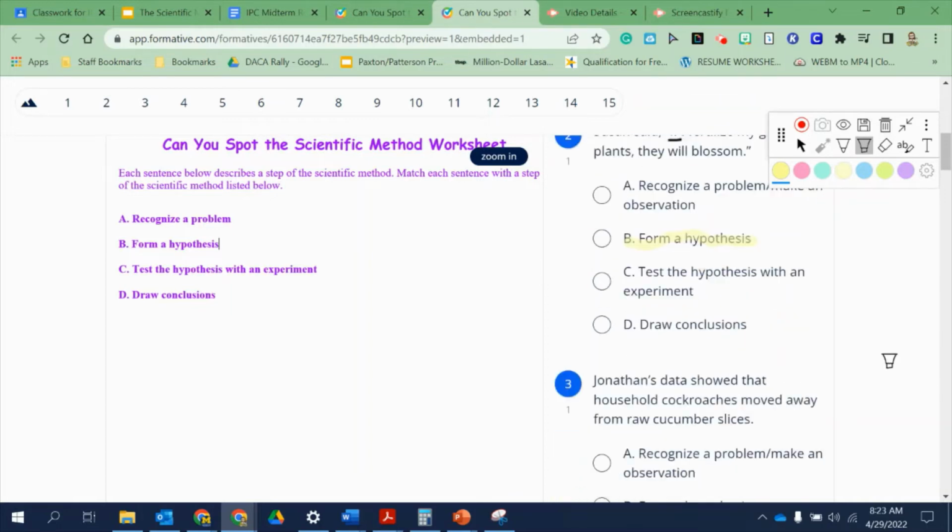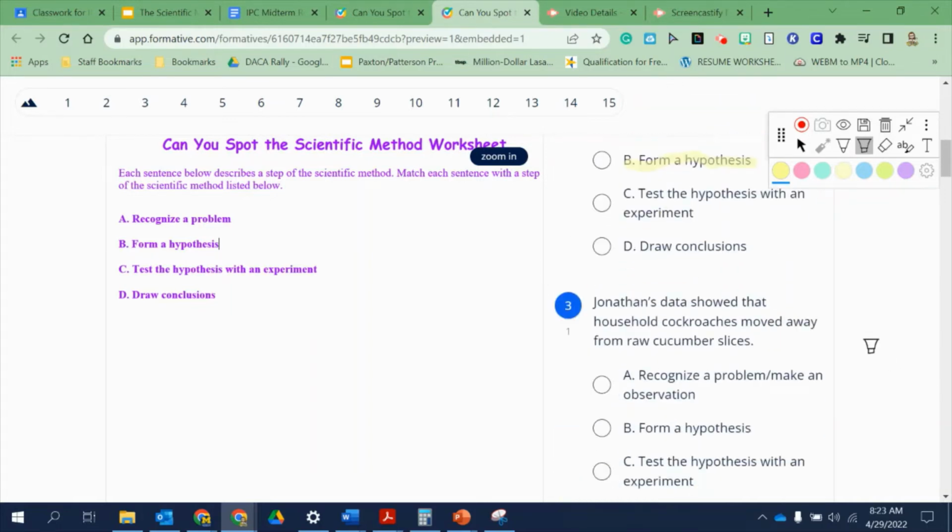All right, and then let's keep scrolling. Here we have number 3. Jonathan's data showed that household cockroaches moved away from cucumber slices. Right here you see a clue: his data showed. Remember, you can't collect data until after you've already done the experiment. Without doing the experiment, you won't have any data.